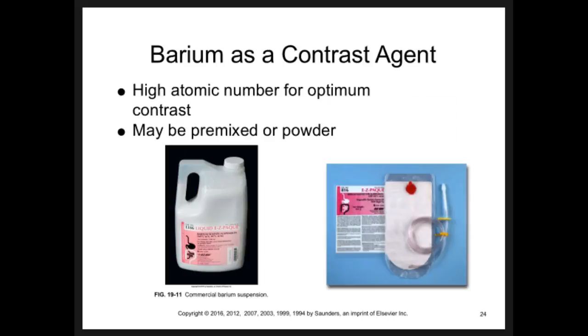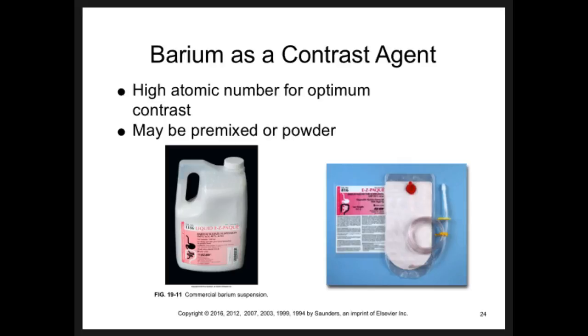Barium thickness is important. It needs to flow fairly rapidly, but not so fast that the patient's colon begins to spasm. The powder barium can come already in a bag that you just need to add warm water to for mixing. The bag has a little red ball at the top of the tube, at the bottom of the bag, that seals the end so you can mix the barium really well.